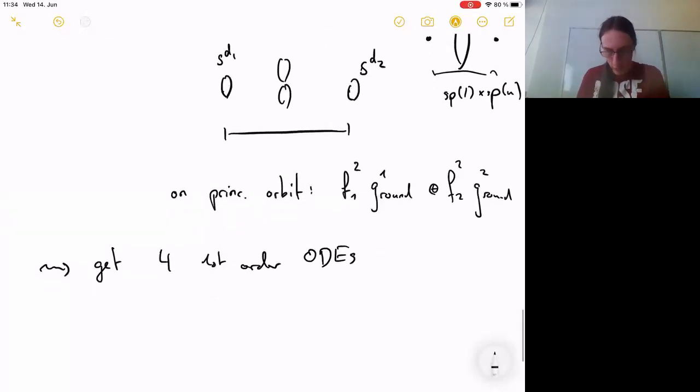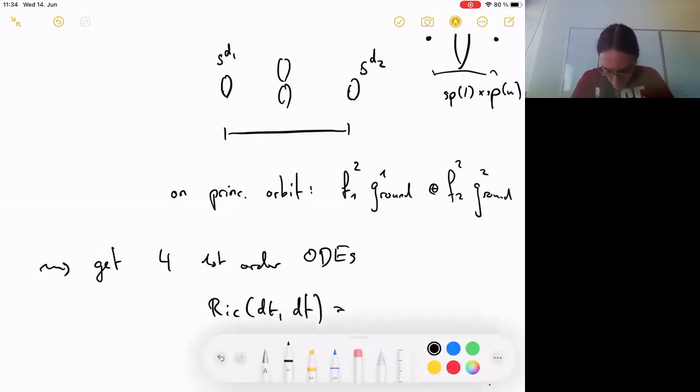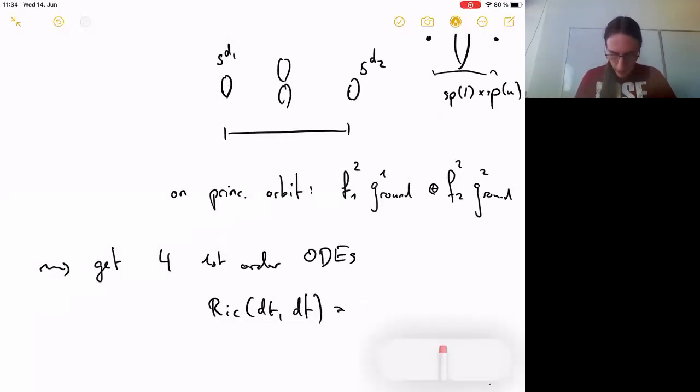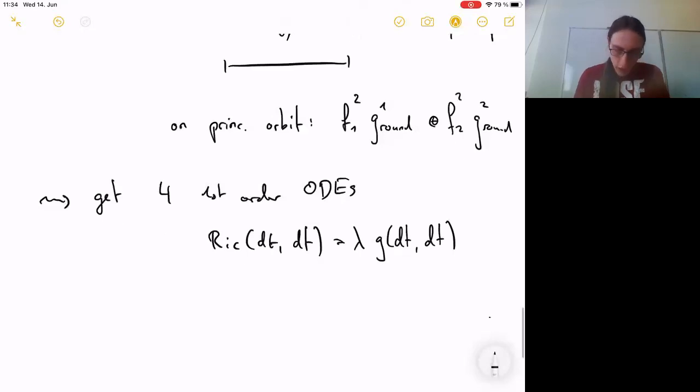These are obtained from doing Ricci of dt equals, whatever, d1, lambda times the metric. You pick some Einstein constant lambda. So this will give you equations for your functions.